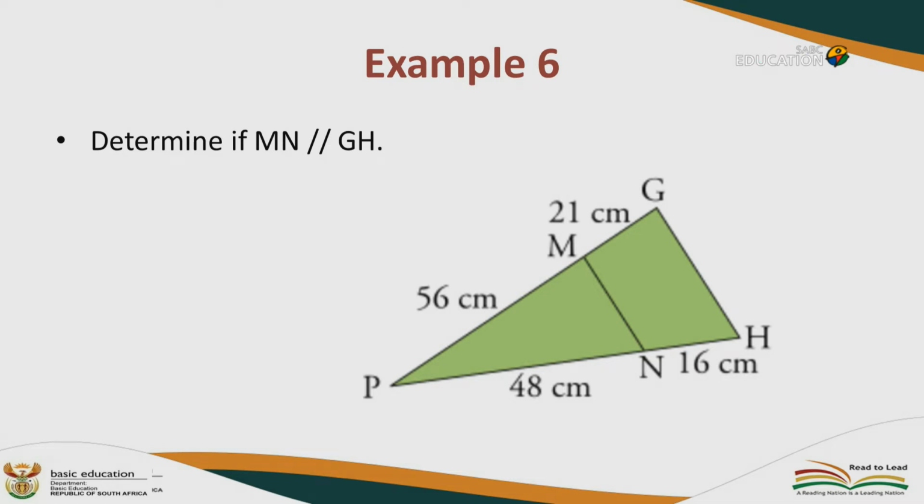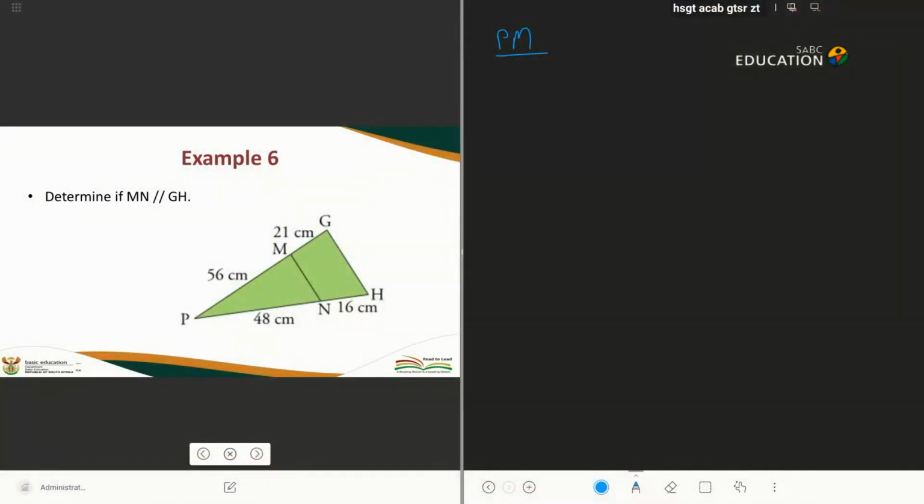So I start with PM divided by MG, and I have 56 divided by 21. Now what I would like to say is take your calculator and you calculate 56 divided by 21 and see if this will be simplified, and you will get an answer of 8 divided by 3. So now I will go to the opposite side and I will say, well, now I have PN divided by NH.